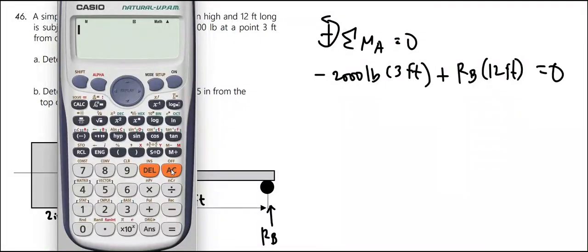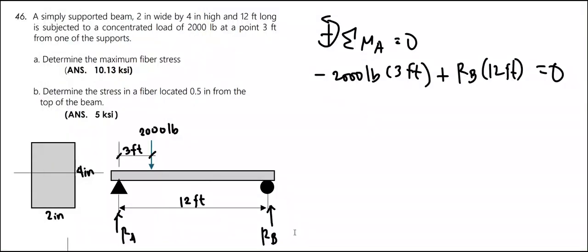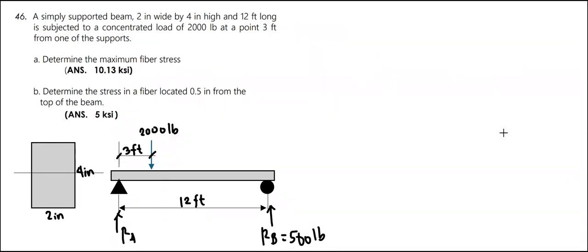Now we can solve for RB. We have negative 2000 times 3 plus RB times 12 equal to 0. Solving, we get RB equal to 500 pounds. And to solve for RA, we just take summation of force vertical equal to 0, considering upward force to be positive.